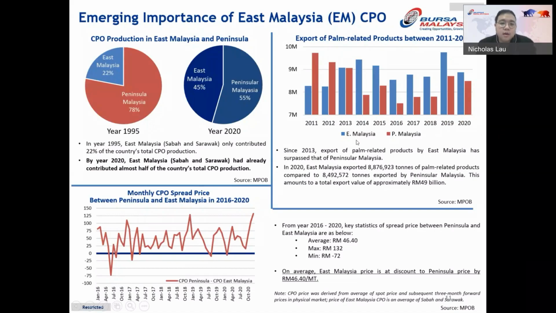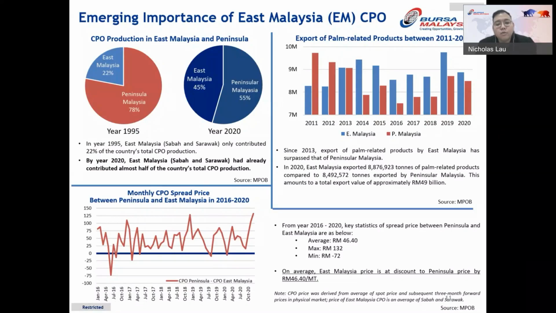As you can see here on the top left of the slide, around 1995, East Malaysia only represented 22% of the crude palm oil production in the entire Malaysia, while Peninsular Malaysia contributed 78%.